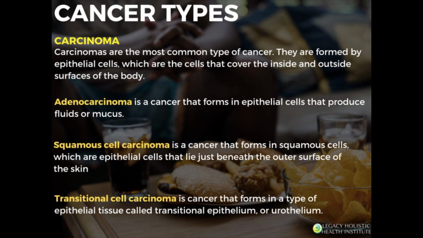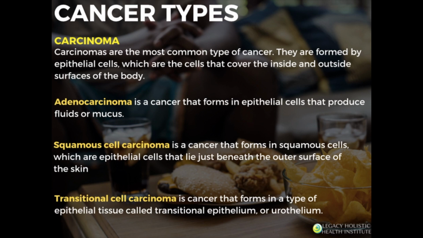Squamous cells also line many of the organs, including the stomach, the intestines, the lungs, the bladder, and even the kidneys. Squamous cells look flat, like fish scales, when viewed under a microscope. Squamous cell carcinomas are sometimes called epidermoid carcinomas.